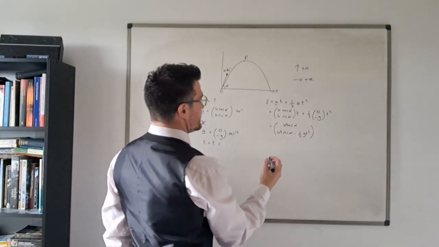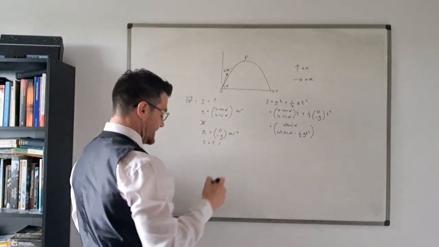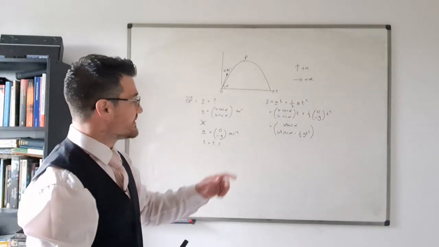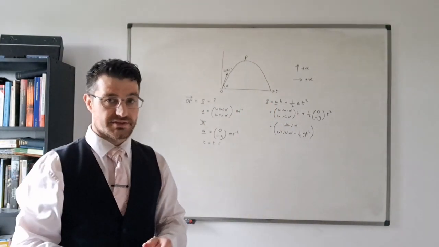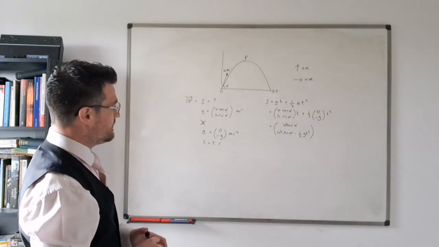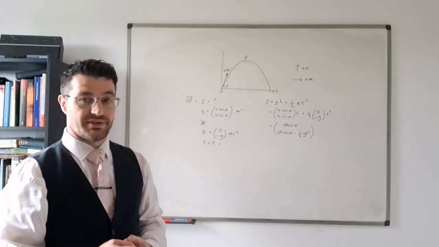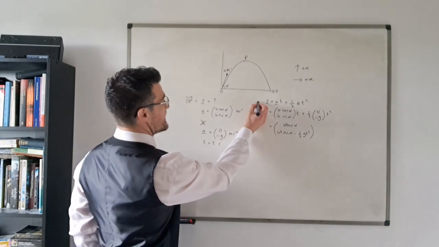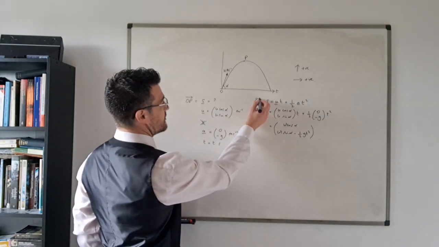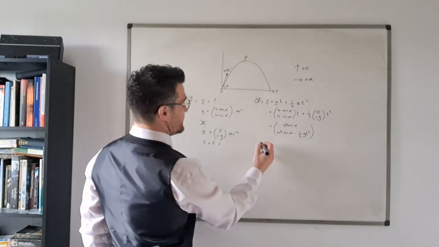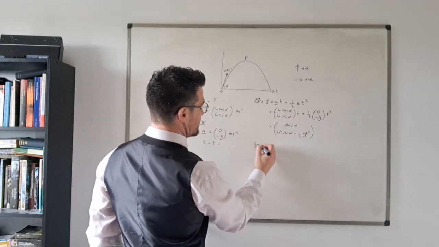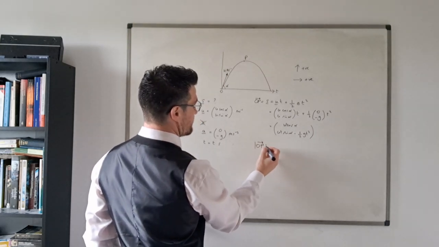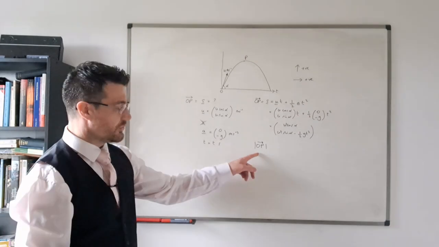Okay. I emphasize again, this is the displacement. It is a vector. This is not the distance. Okay, but I do want the distance. So if this is OP, the vector OP, then what I really want is OP in magnitude, the magnitude of OP.